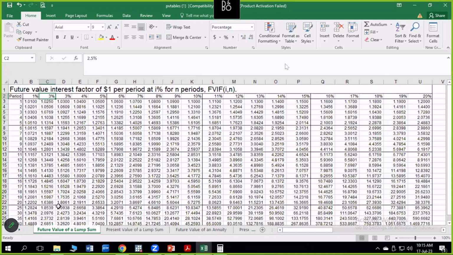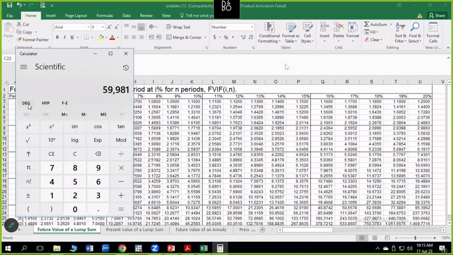So I check that it's coming here. So 1.6386 is there. So this is the value I want to have at 2.5%. But don't do the practice in Excel. You can use Excel for confirmation, but you should apply the calculator.